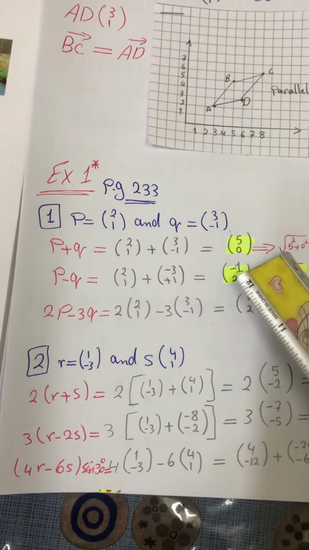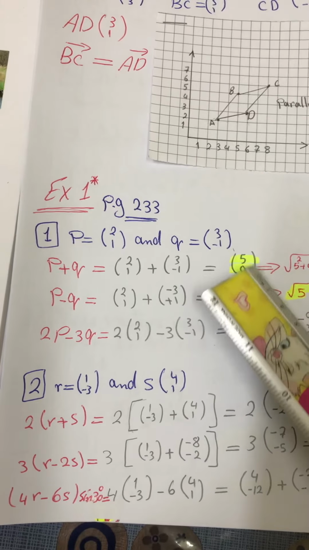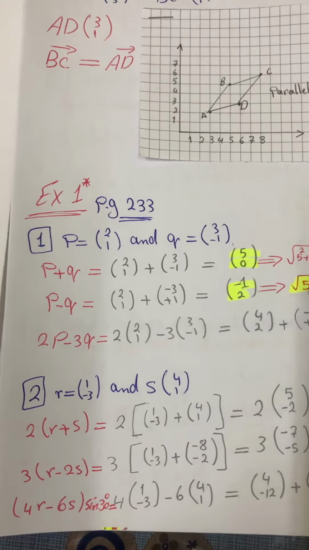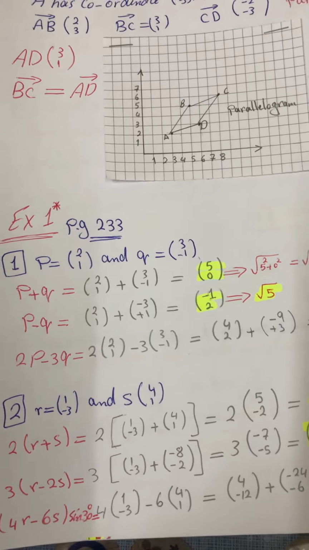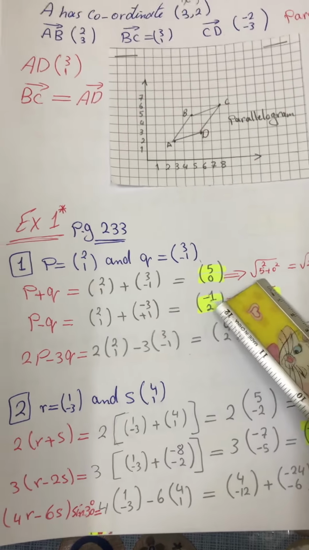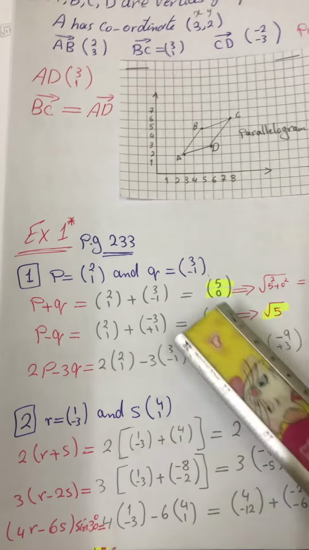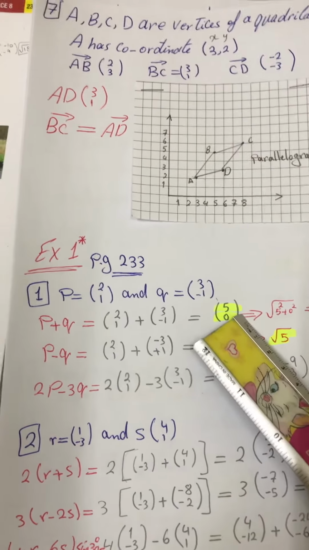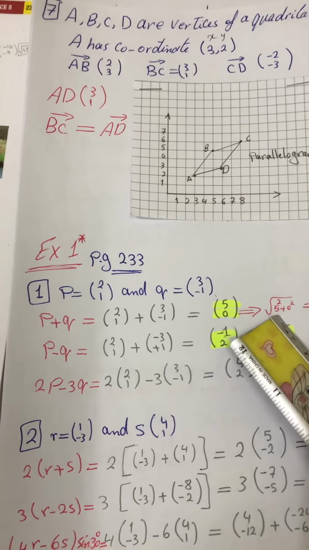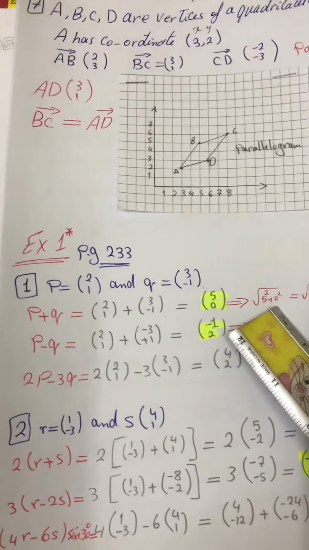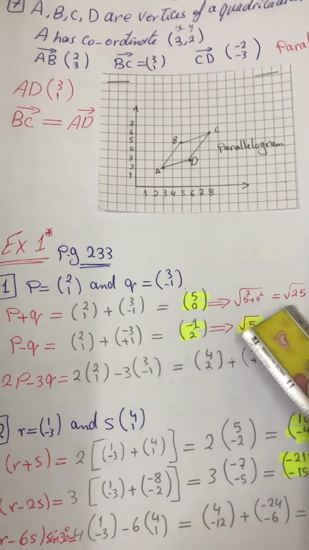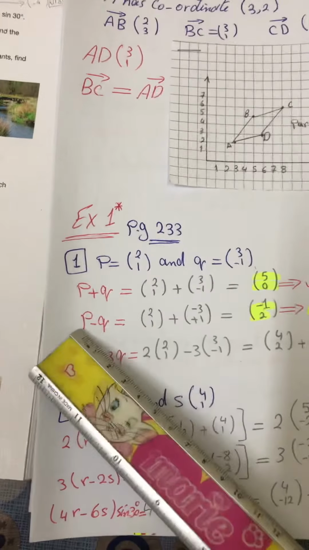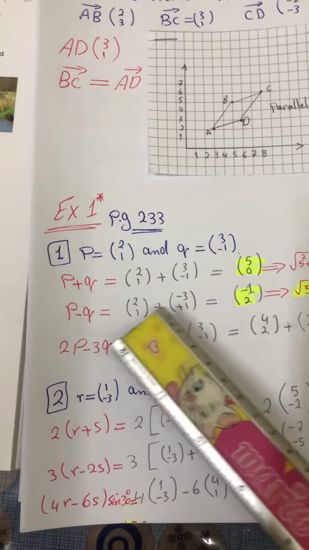The magnitude is the square root of x squared plus y squared. So the square root of 5 squared plus 0 squared. 5 squared is 25, 0 squared is 0, so we have the square root of 25, which equals 5. This is the magnitude.